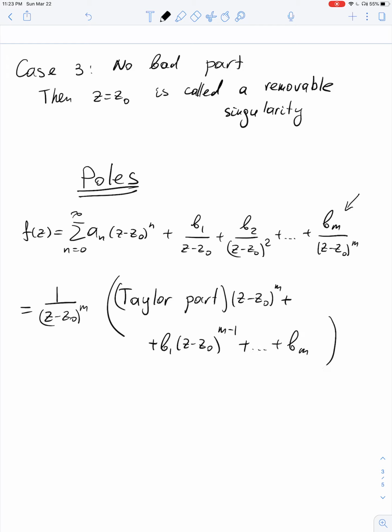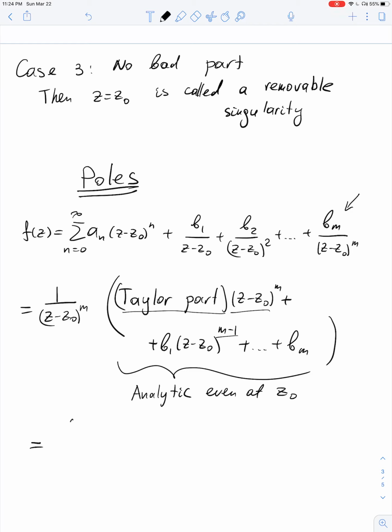And this thing in the parentheses is all analytic, even at z0, because Taylor part times z minus z0 to the m is another Taylor-type thing, and all these powers are now non-negative.